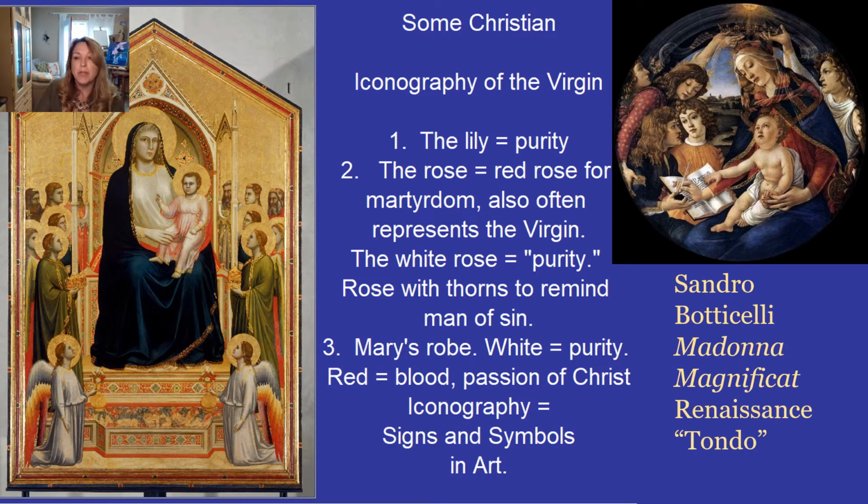But Botticelli, this is a tondo. And if you look closely, the Queen of Heaven, or the Virgin, is also the same model that you saw in Botticelli's Birth of Venus, and then also in Primavera.